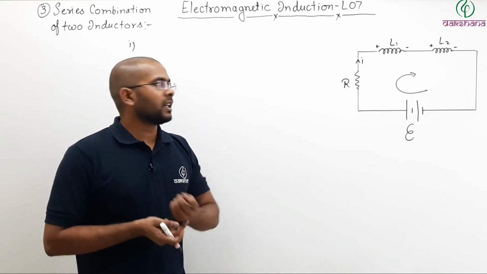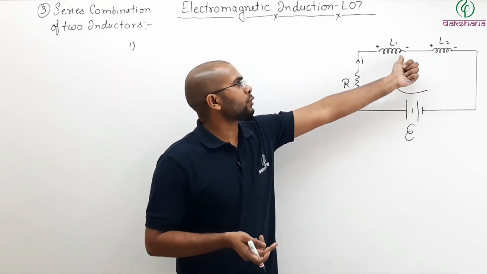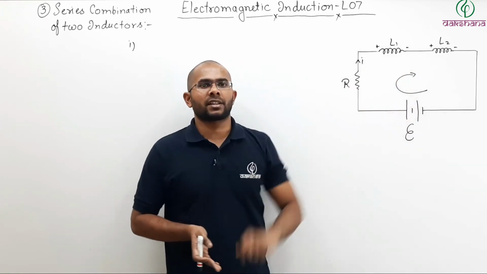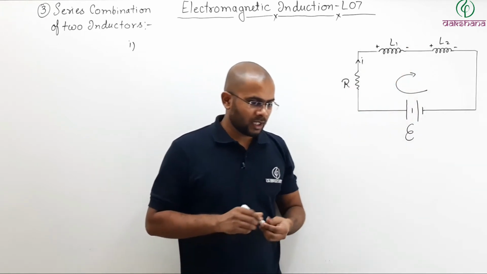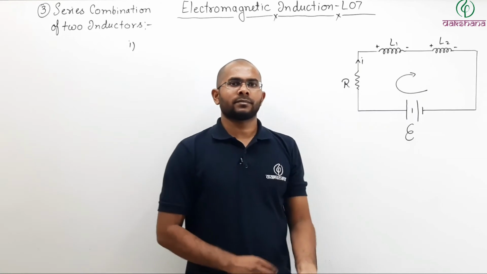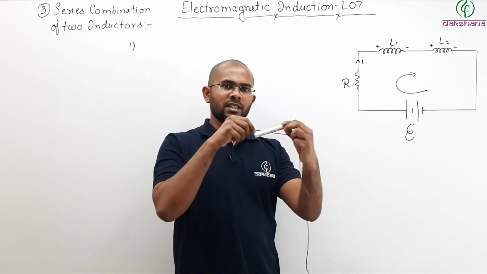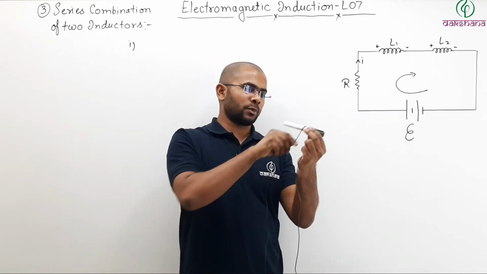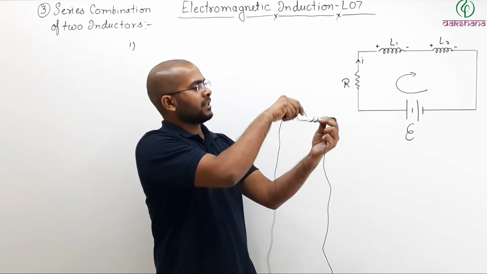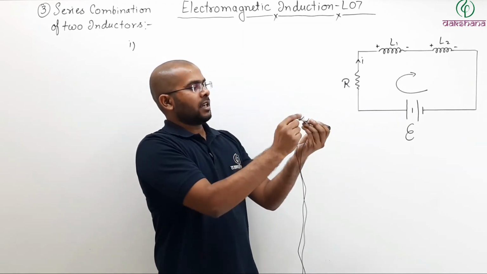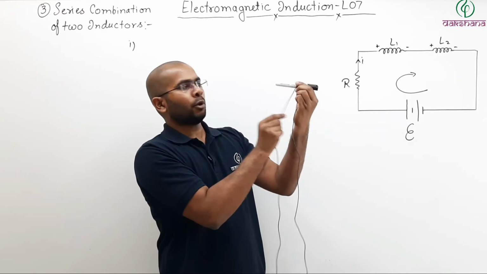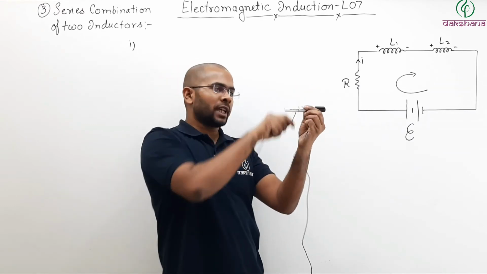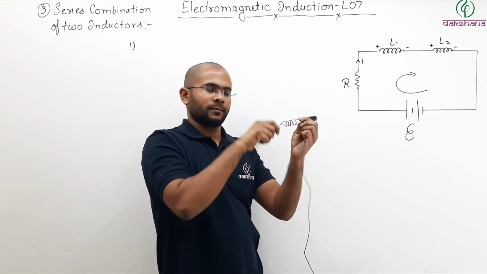Case number 1, that the magnetic fields produced by these two are in the same direction. For example, if I take this marker and start winding this wire, suppose that I am winding this wire clockwise. In the middle of the winding, I hold this wire and start winding anti-clockwise, like this.